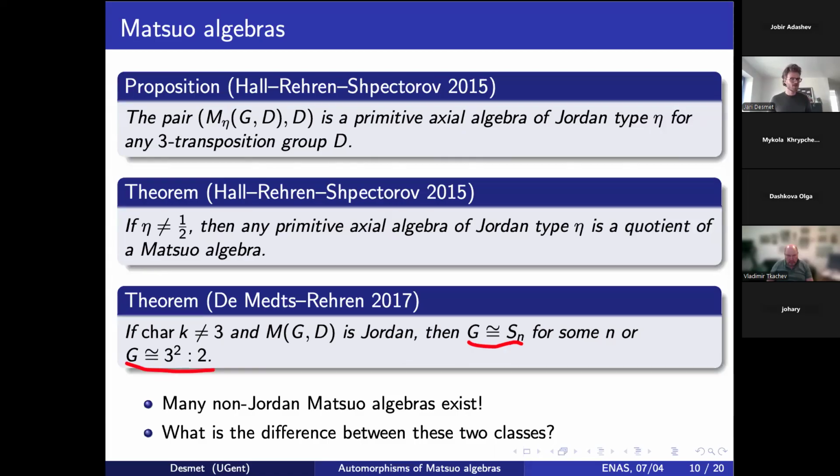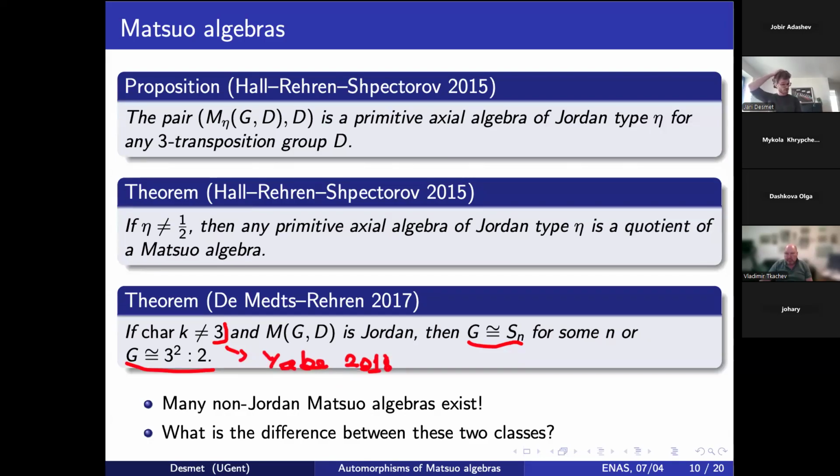That means that many non-Jordan Matsuo algebras exist. And in fact, many Jordan algebras are also not quotients of Matsuo algebras in any way. The characteristic 3 assumption here is not really necessary. It's just that all I care about right now is characteristic different from 3, but the characteristic 3 case was actually classified by Yabe in a paper that caught an error, and I think the paper itself is from 2018, but I might be wrong.